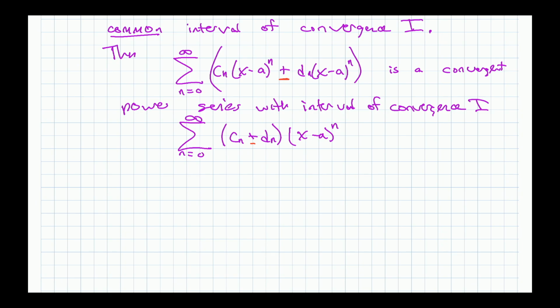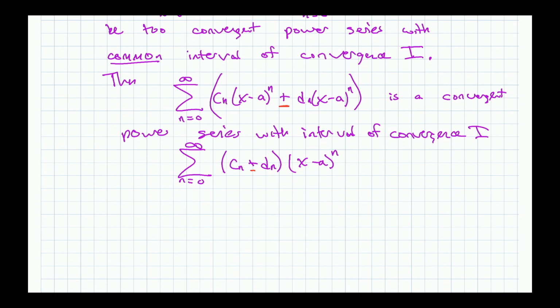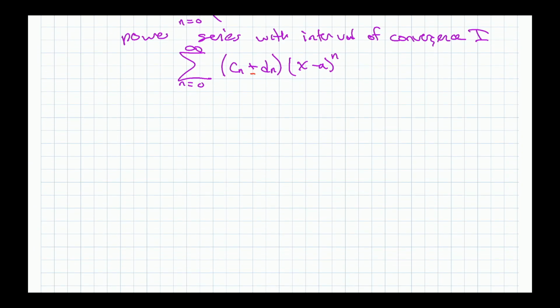The first thing you're going to have to deal with is what that common interval of convergence I is about. The common interval of convergence I is just an interval. It's the biggest interval that is inside the other two intervals of convergence.